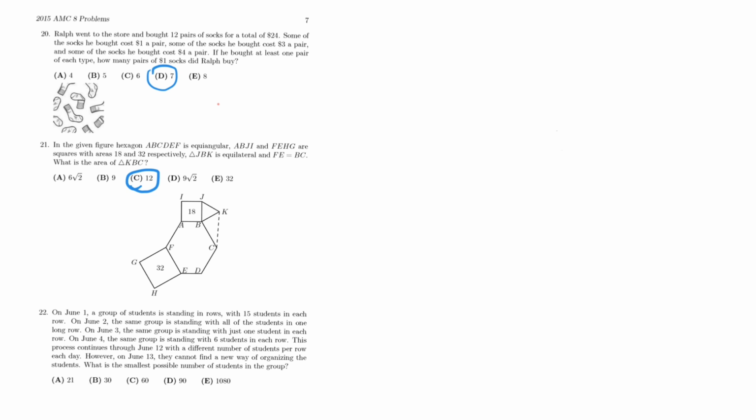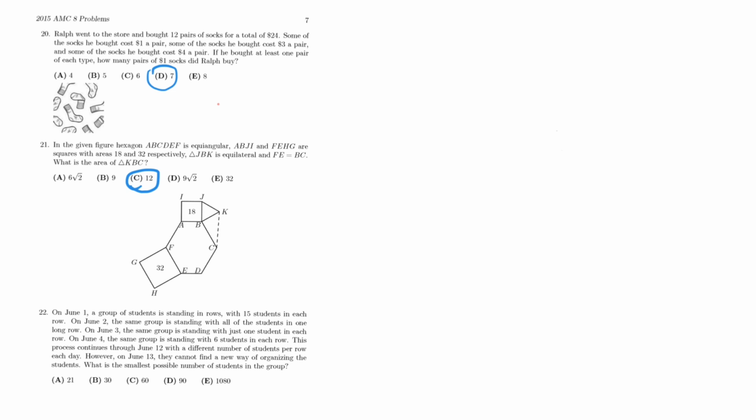On June 4th, the same group is standing with 6 students in each row. This process continues through June 12 with a different number of students per row each day.